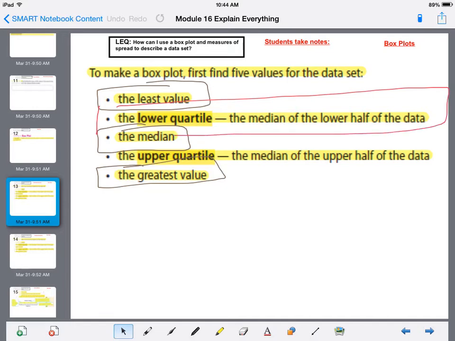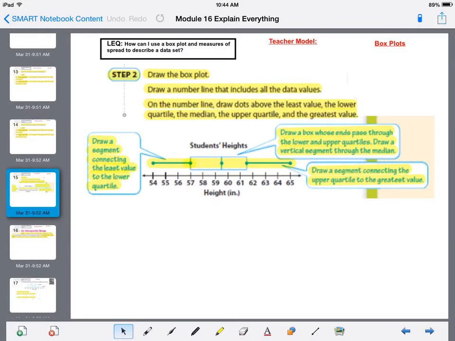We talked about what the upper quartile and the lower quartile referred to. Remember, once you cut your data in half, the lower quartile is the median of the lower half of the data set, and the upper quartile is the median of the upper half. Your second step is to draw the box plot.